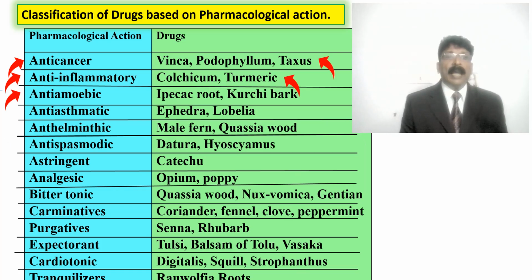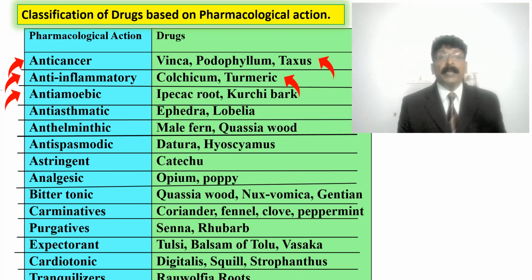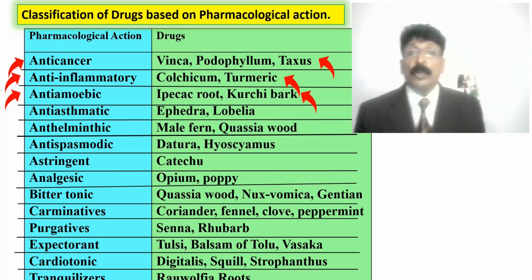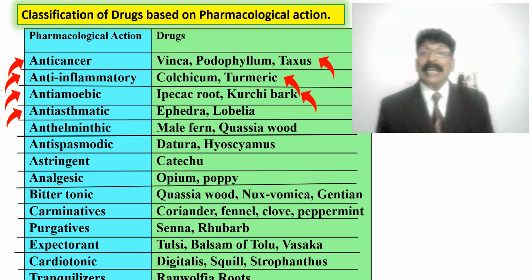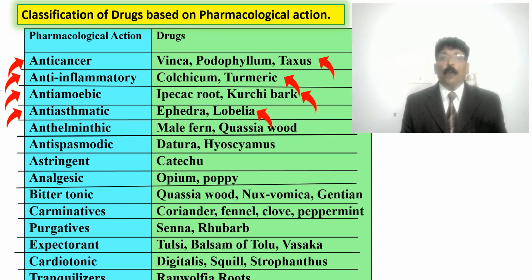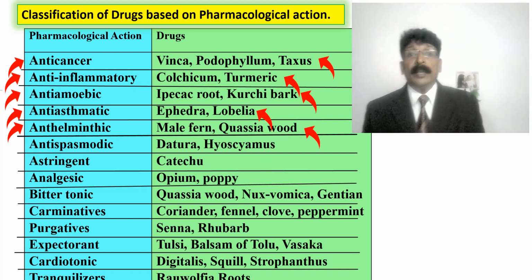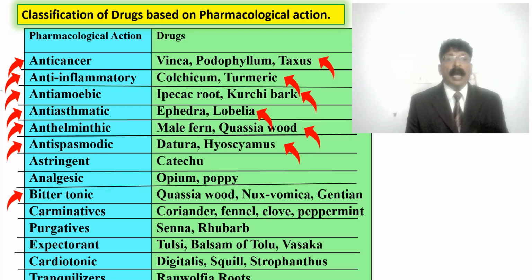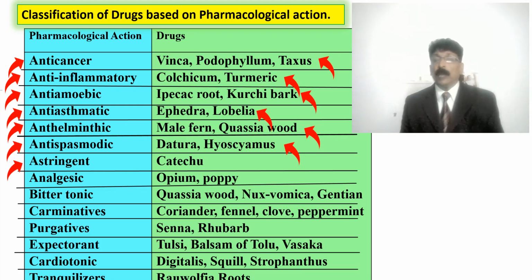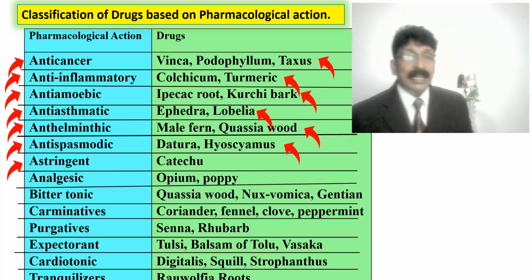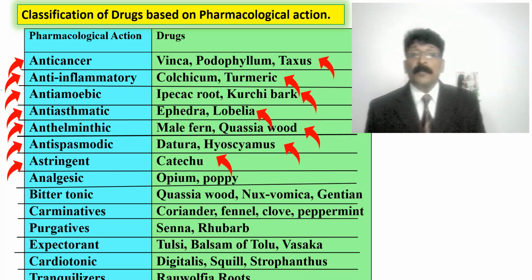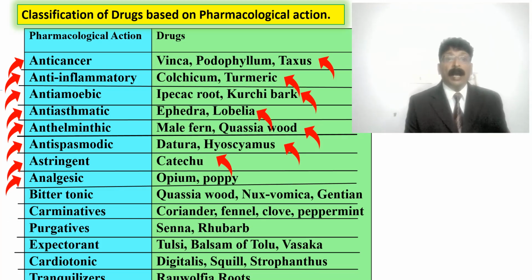Anti-amoebic: ipecac root, kurchi bark. Anti-asthmatic: ephedra, lobelia. Anthelmintic: male fern and quassia wood. Anti-spasmodic: datura and hyoscyamus. Astringent is catechu, analgesic: opium and the poppy.